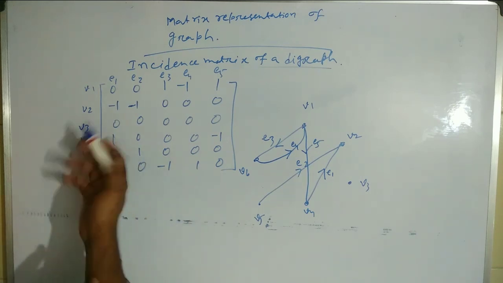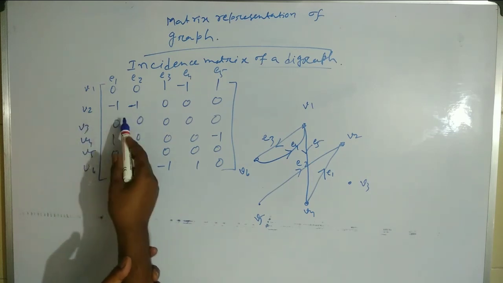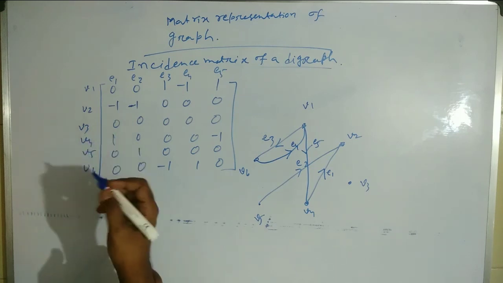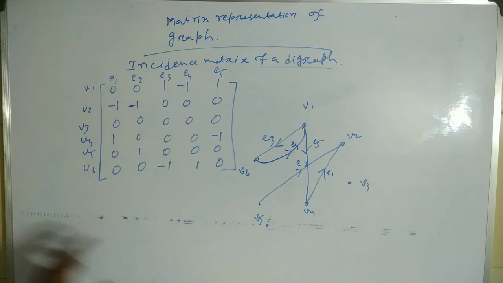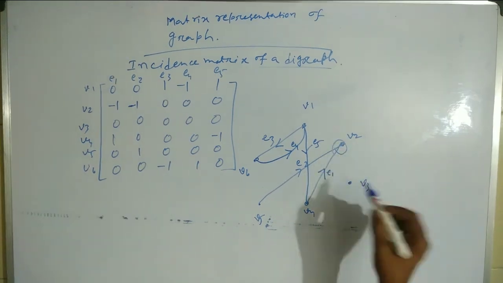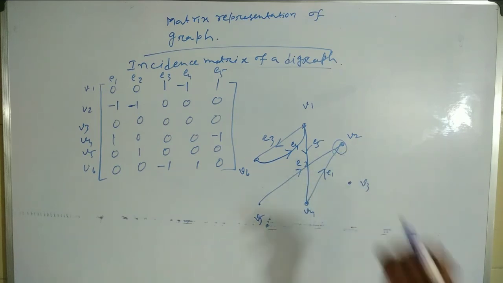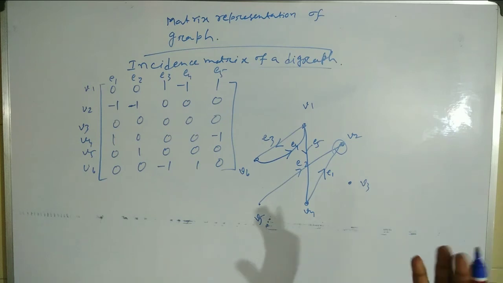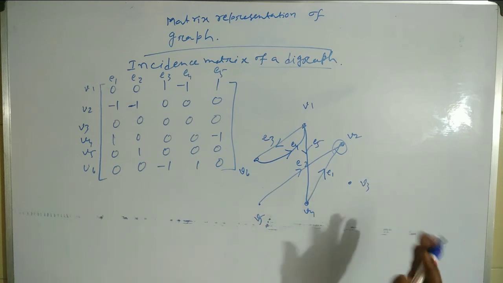See this row, you can see that there are two minus 1. That is, the in degree of the vertex is 2, so two edges have entered V2. Now see the graph. This is V2, and two edges have entered V2. This is called in degree, and out degree means the number of edges going out from that vertex.